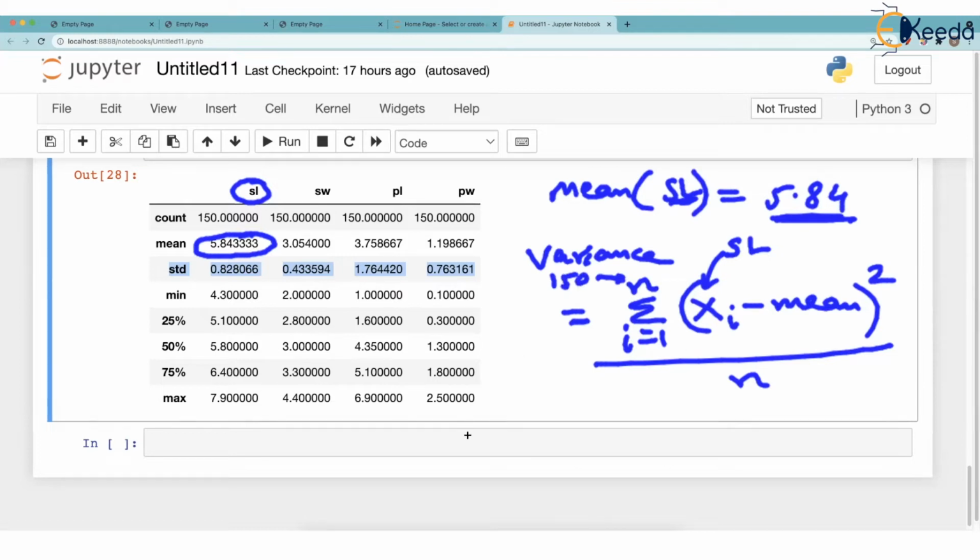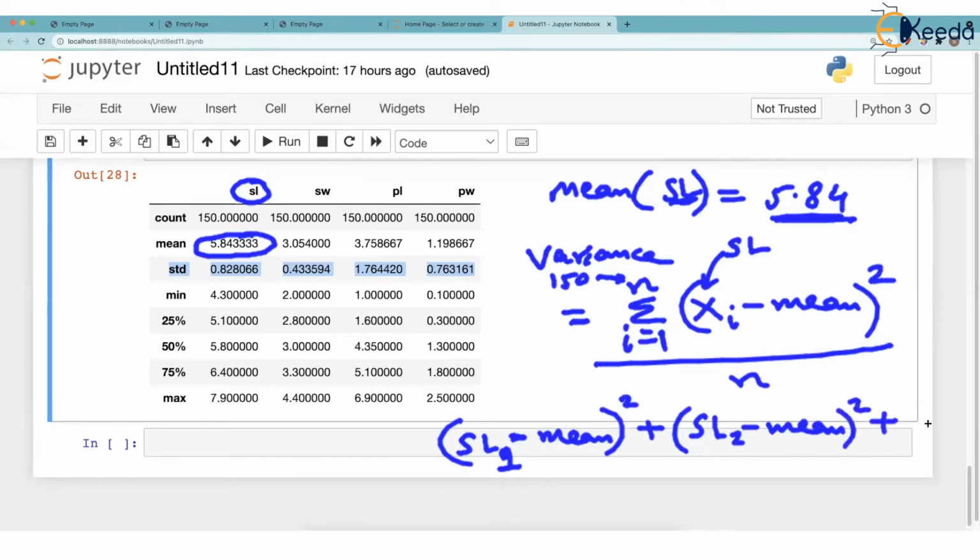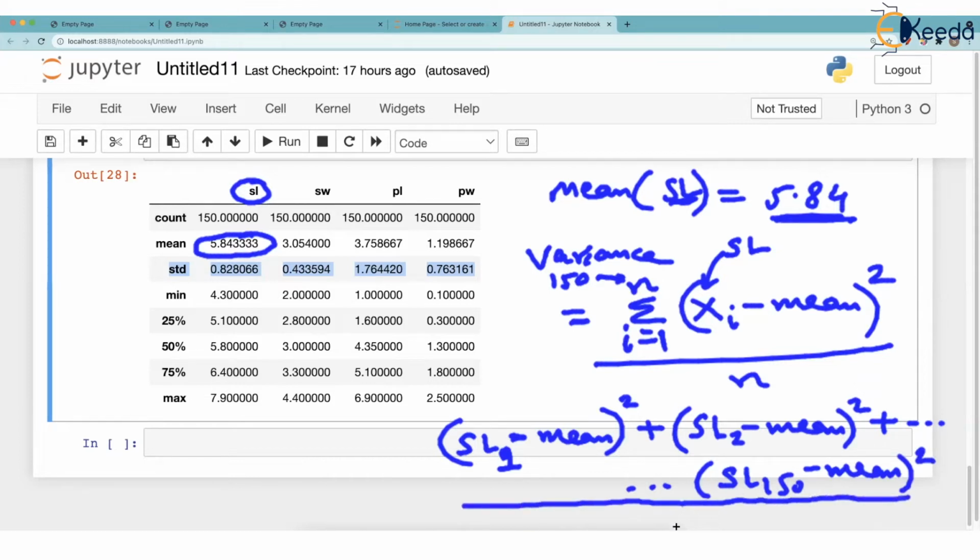So if I expand this, it will become sepal length in the first row minus mean, the whole square, because i is 1. But this is a summation, so plus sepal length in the second row minus mean, the whole square, plus this goes on up to sepal length 150 minus mean, the whole square, and this whole addition is divided by 150, because n in our example is 150.